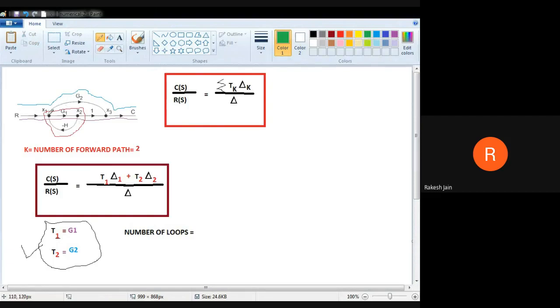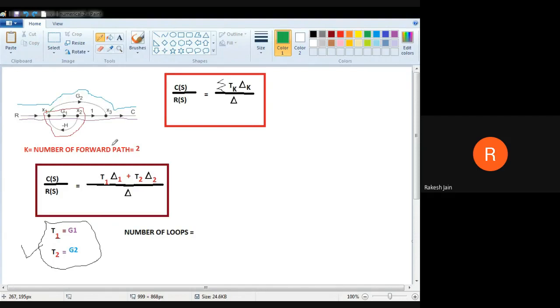Now with this green color, maximum one loop is completed. Now I am talking about the second loop, so I start from x1, on the basis of the direction of g2 gain, I reach at x3 directly, but I cannot close it because the direction of 1 is opposite to my direction, so this is not a loop, okay.